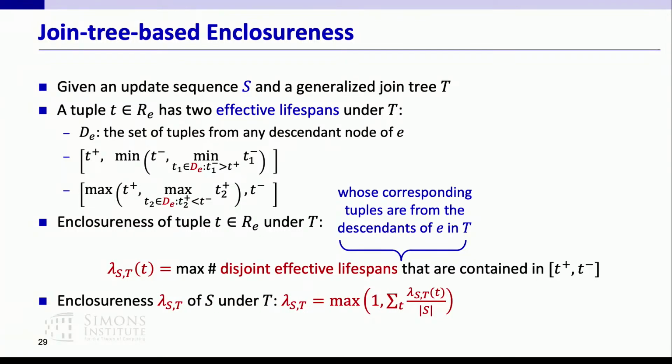If you have another join tree, you may get another enclosure list. So the interesting question in practice is, can you find the best join tree? We don't know, this is not investigated, and we can discuss how to do that. There are some heuristics there, but not a very formal proof.